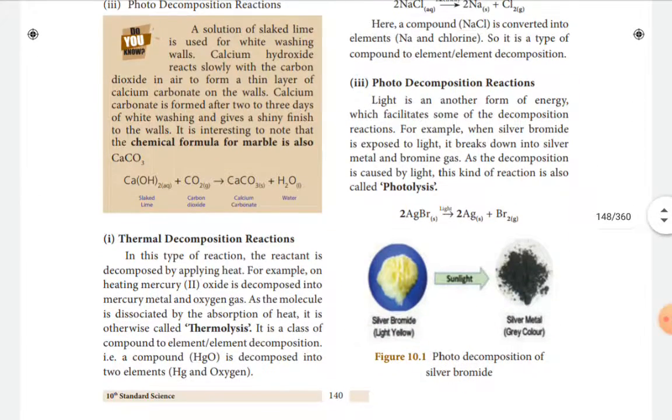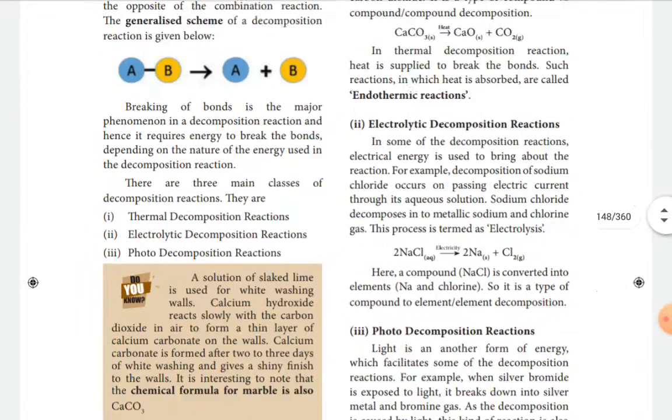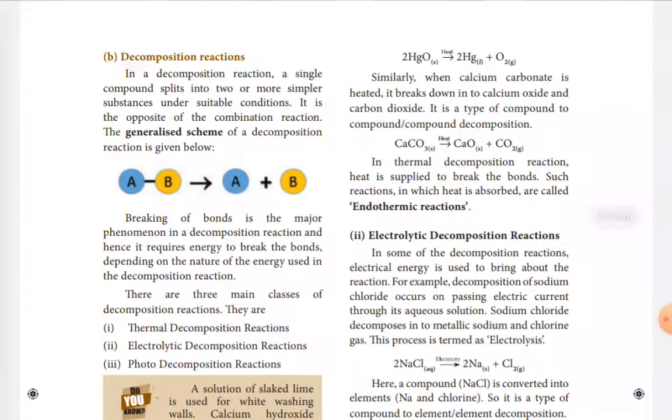In thermal decomposition, the molecules are dissociated by absorbing heat energy, so this is also called thermolysis. For example, when mercury(II) oxide is heated, mercury and oxygen are obtained. Similarly, calcium carbonate on heating gives calcium oxide and carbon dioxide.